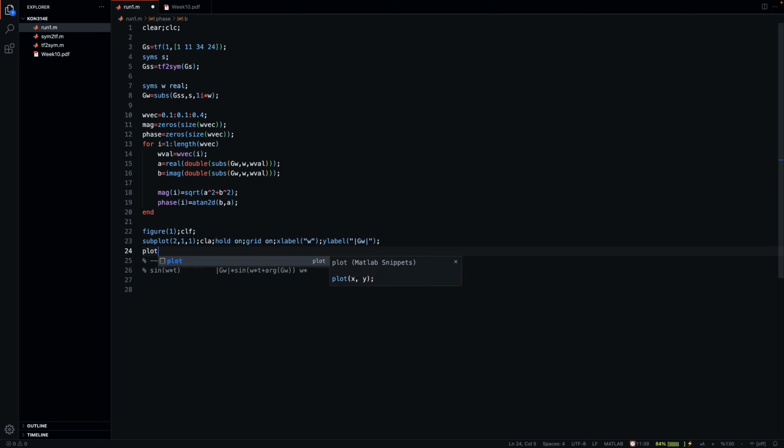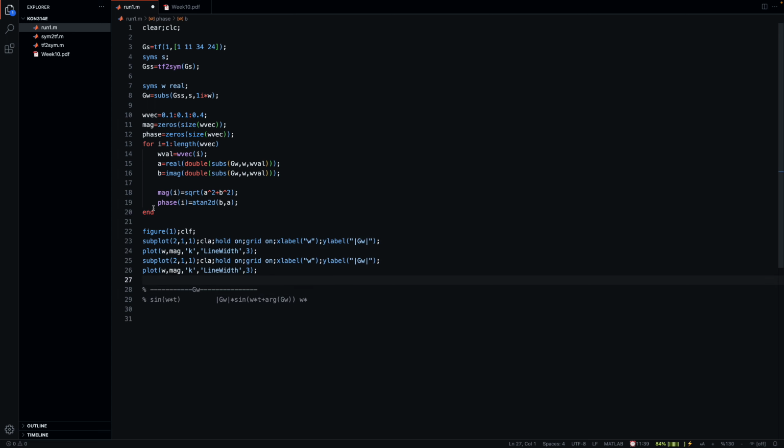And then we'll plot omega magnitude with line width 3, ax2, the argument or the phase, therefore phase.